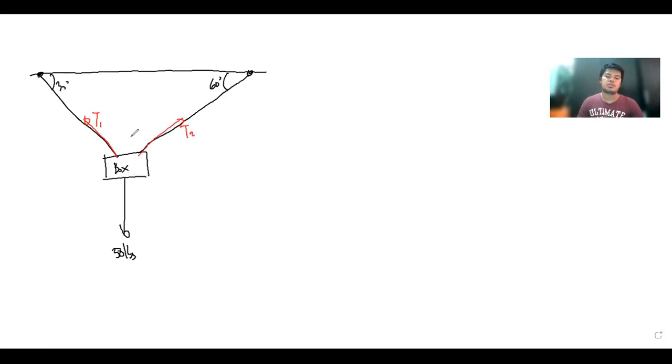If we draw the free body diagram of the forces, it will look like this. You have the 50-pound weight, you have T2, and of course you have T1. For T1 you have the 30 degrees here, and 60 degrees here for T2.